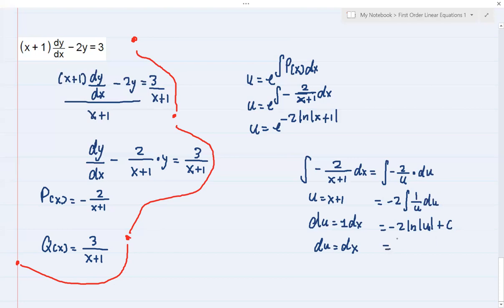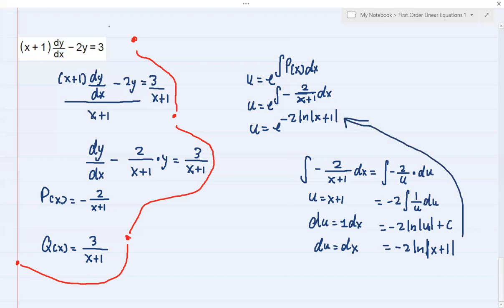Therefore, since your u is x plus 1, we will have negative 2 times ln of x plus 1. Okay? That's it. So that's how I got the answer here.